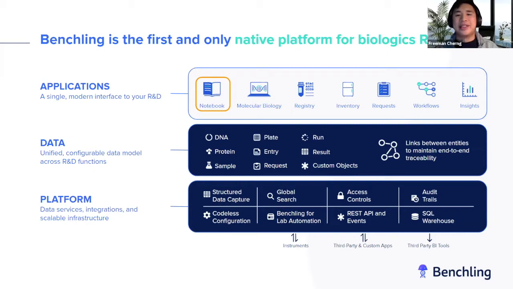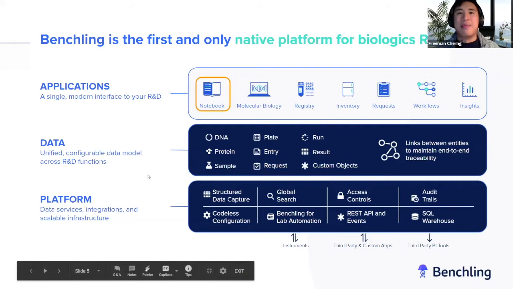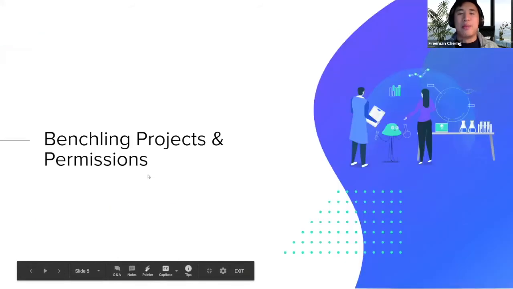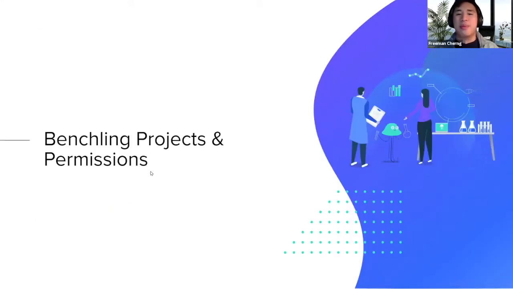These applications are all interconnected and integrated with one another because of our united data model, which is able to model biological entities such as DNA or protein sequences, as well as notebook entries and results data. These different forms of data are represented similarly across different applications, which creates a united platform that aggregates all of this information. So now we're going to dive into how data can be stored and managed efficiently in Benchling, particularly in the context of the notebook application.